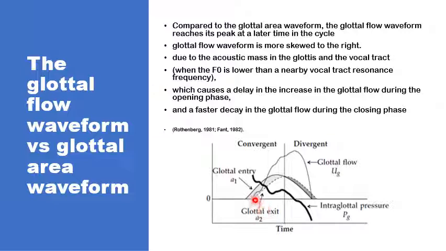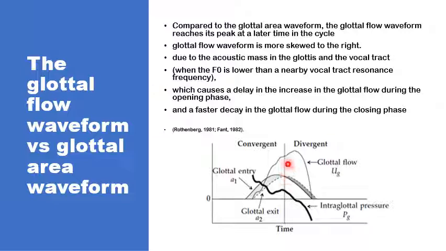So the lower of the two will determine the glottic area. They will be equal, the glottic exit and the glottic entry, at the peak of the glottal area waveform in here, when the configuration of the vocal folds changes from convergent to divergent. This would be the peak of the glottal area here.